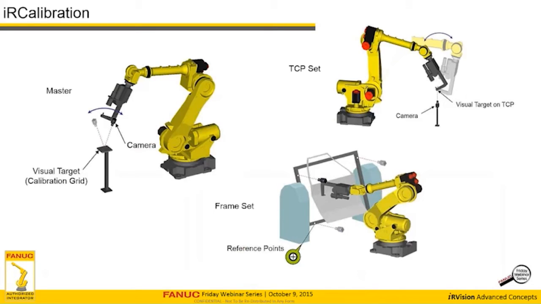TCP setting uses an external camera to look at a target on the tooling that will become the very accurate tool center point discovered by the vision operation. And then we also have the frame setting, using multiple targets on a frame with the camera robot mounted, to discover the U-frame of that particular object.